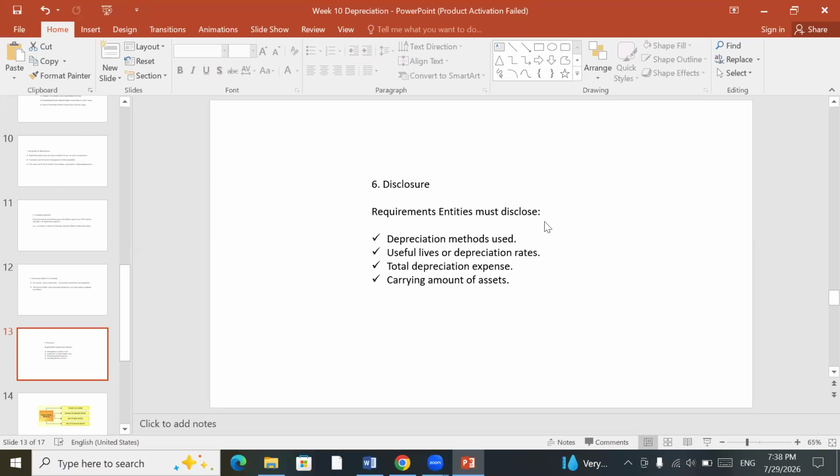Disclosure requirements: there are some rules and regulations you have to disclose or display. The depreciation method, useful life or rate, total depreciation expense, and carrying amount of the asset. These four parts you must clearly disclose whenever you maintain any method of depreciation.